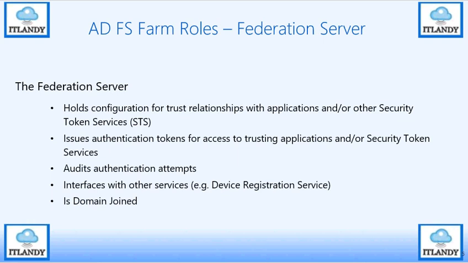The certificate is configured as trusted by the application as long as the token signature is valid and the certificate used to sign is valid. Now, if the certificate expires or becomes invalid, ADFS must be configured to utilize another certificate. We cover these in more detail later on. Okay.